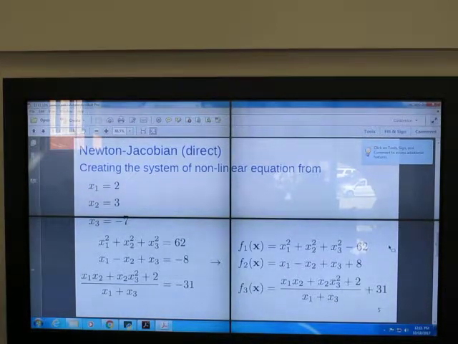What do I do? I move everything to the same side. I just move the right-hand-side values to the left hand side. Then I have f1, f2, f3. If my x is correct, then I get 0 everywhere.